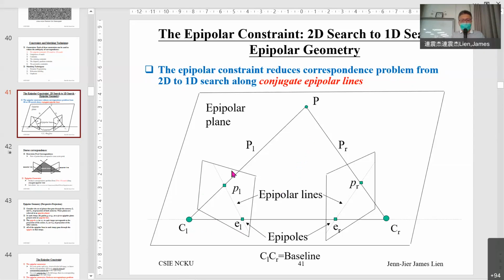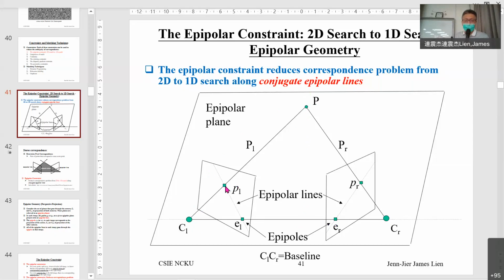For any image there exists only one epipole from the other camera. 每一个影像只有一点，左边摄影机看到右边摄影机只有唯一一点 epipole，右边看左边也一样。那 epipole 很重要，可以找得到。So any 3D point projects onto the image, and there's one point.